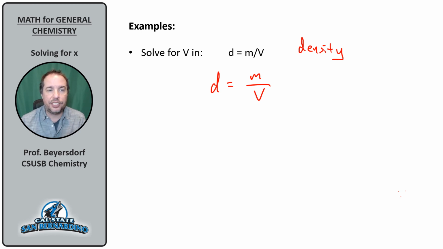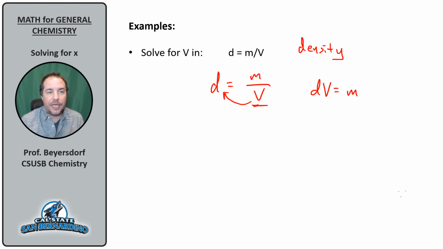So I want to take what's on the denominator on the right-hand side and move that to the left-hand side. So I'll get dv equals m. And if I had a denominator over here, I don't, I would move that over to the right-hand side. Now everything's out of the denominator, so it's nice.